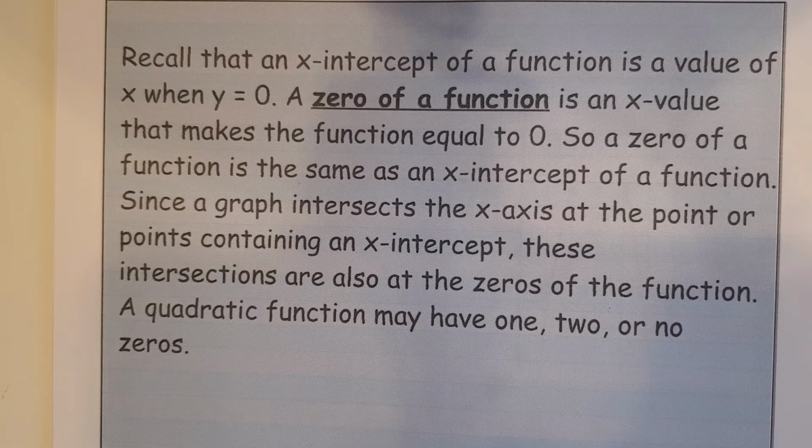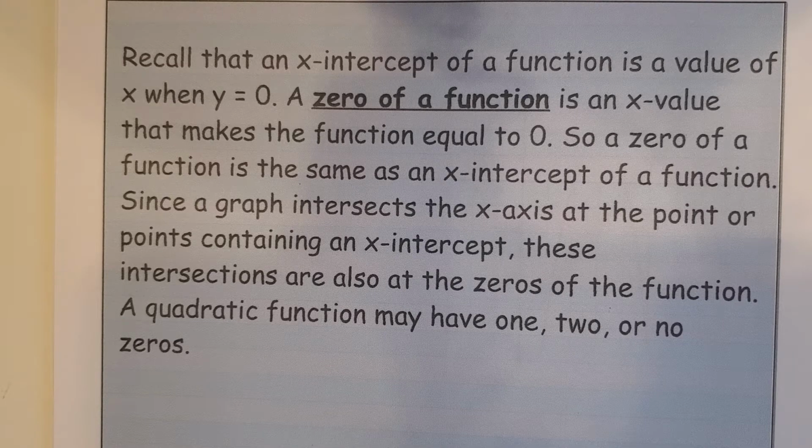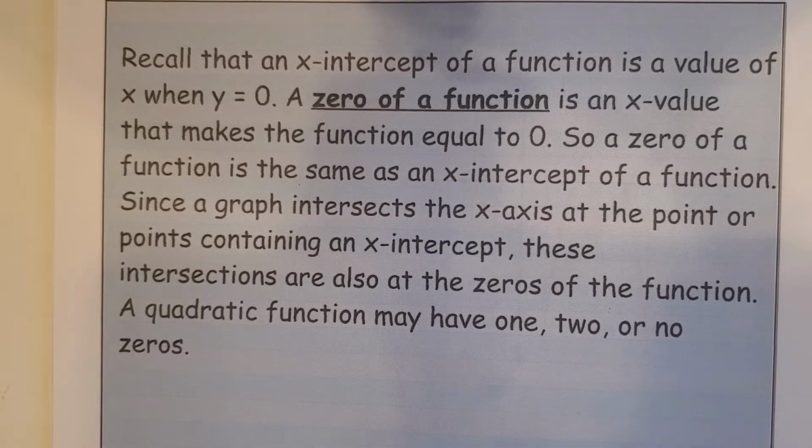So, a 0 of a function is an x value that makes the function equal to 0. It also says there that a 0 of a function is the same as an x-intercept of a function. You talk about zeros a whole lot more in Algebra 2. I don't want to say it's a fancy word, but once you get to Algebra 2 in a couple years, I think they use 0 a lot more than x-intercept.